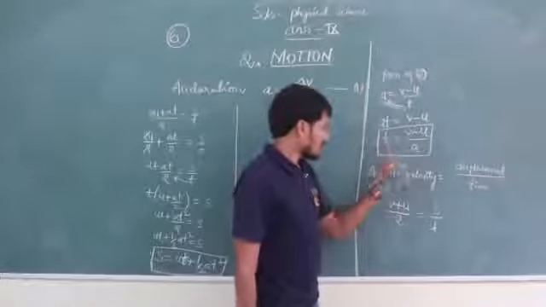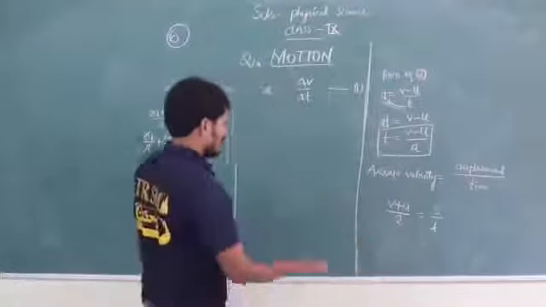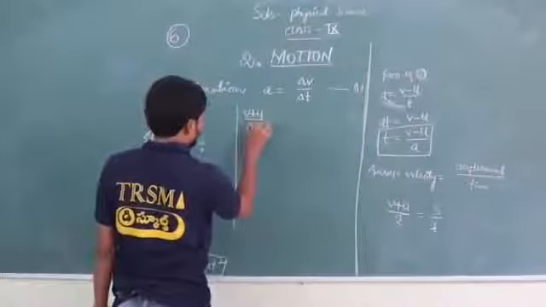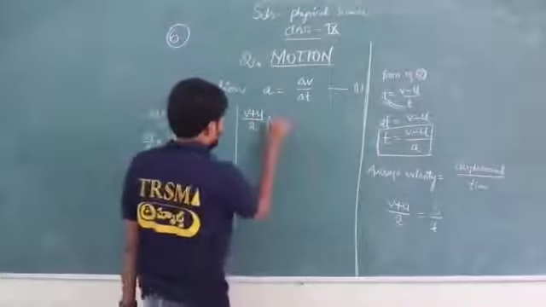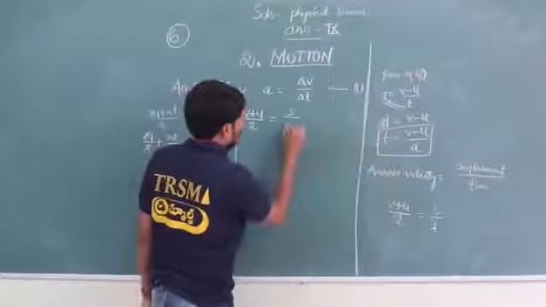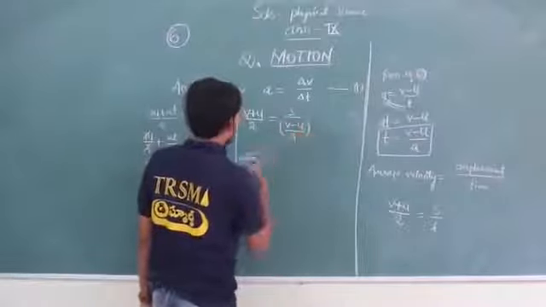So substitute this t value here. It becomes (v plus u) by 2 equals s by, what is the t value here, (v minus u) by a.